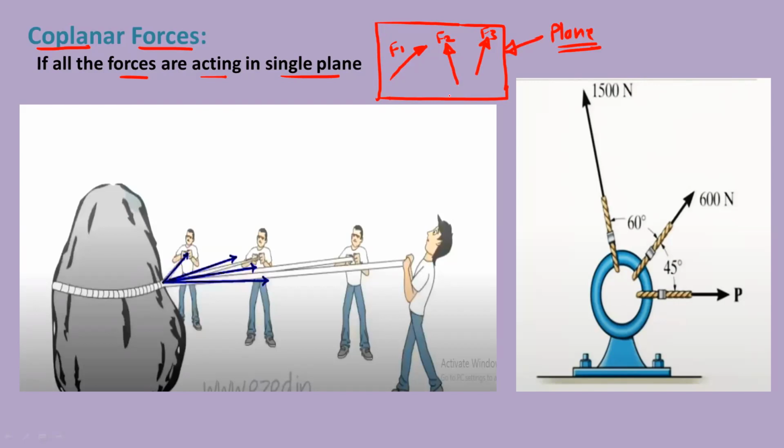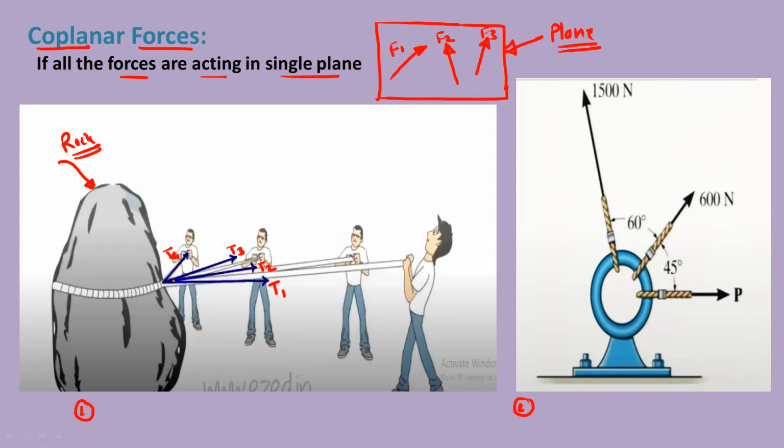So physically, we can observe this system. Here I have shown two examples. In the first example, one rock is pulled by 4 persons with the help of cables. Each cable will have a tension. So I will write here T1, this is T2, this is T3, and this is T4.